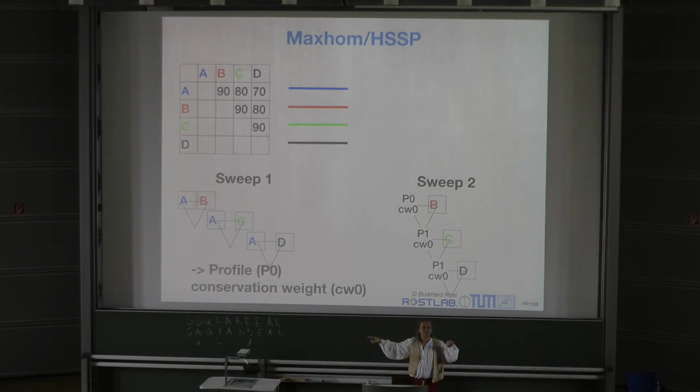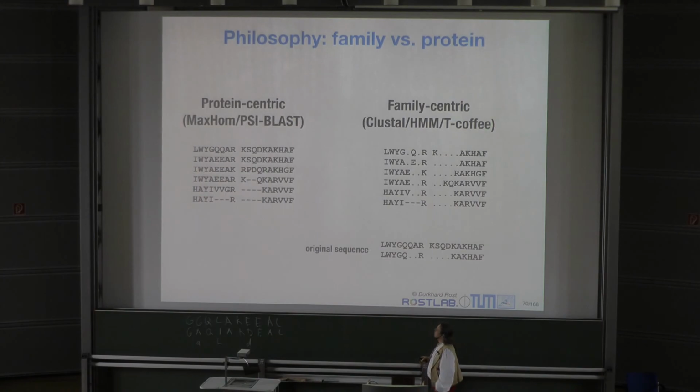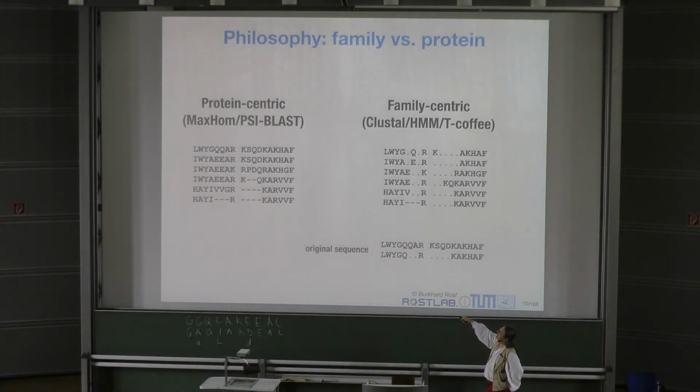It's always A against the family. To show you an example, the protein-centric view of PSI-BLAST and MAXHOM would be like this, and the family-centric view of Clustal would be like this. So the sequence A here does not have any dot in it. That's the major issue. Okay?